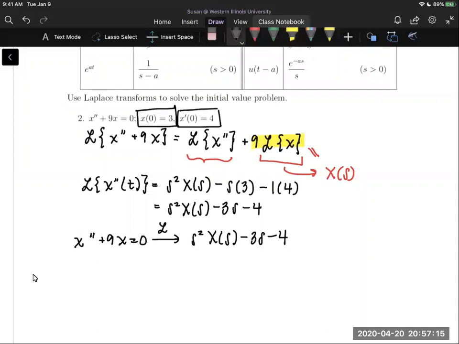So we have plus 9 X of s, and then of course on the other side we have equals 0. The Laplace transform of 0 is 0. We now see an algebraic equation in X of s. We would like to solve for X of s.